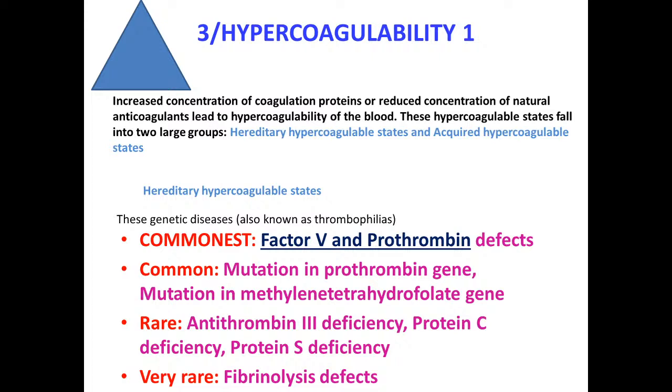Hereditary hypercoagulable states include these genetic diseases, also known as thrombophilias. Factor V and prothrombin defects are common. Mutation in prothrombin gene, mutation in methylenetetrahydrofolate gene, and rarely antithrombin 3 deficiency and protein C deficiency and protein S deficiency, and very rare fibrinolysis defects.